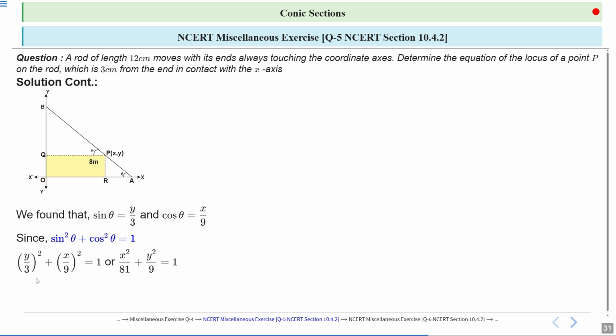And this can be written as x square upon 81 plus y square upon 9 is equal to 1. Thus, the equation of the locus of point P on the rod is x square upon 81 plus y square upon 9 is equal to 1. So, I hope it is clear to all of you. So, now let's move to the next question.